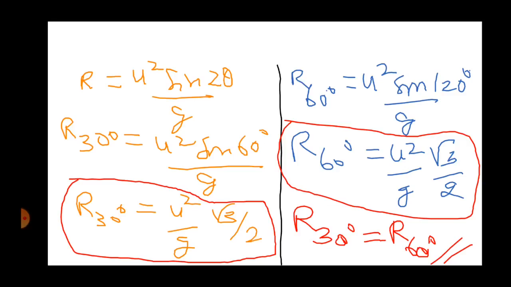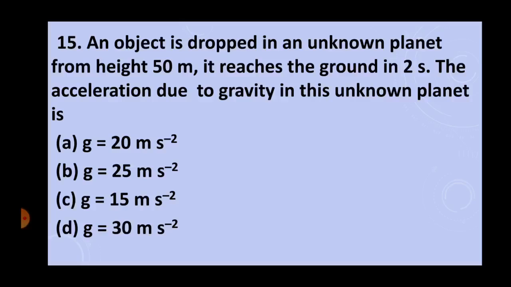And go to the final problem in this lesson. An object is dropped on an unknown planet, not Earth, from a height of 50 meters. It reaches the ground in time 2 seconds.